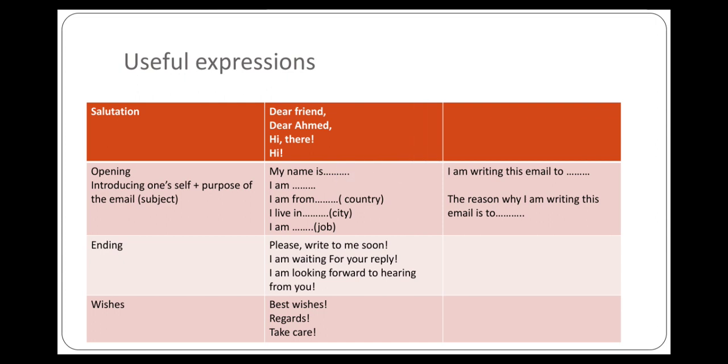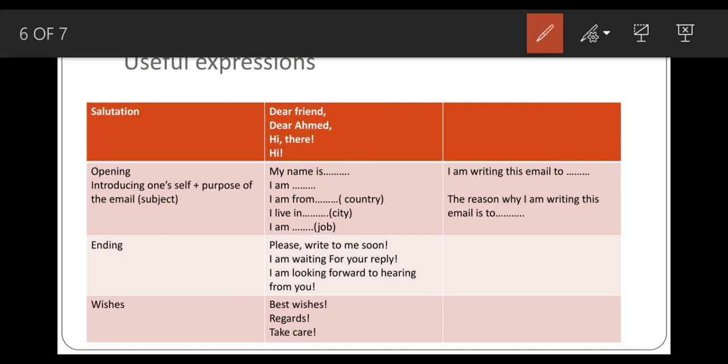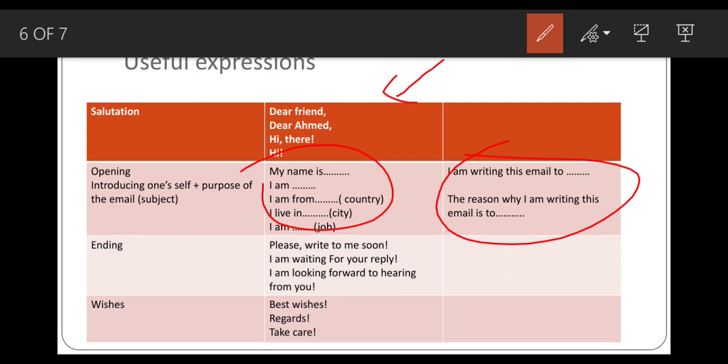Now, these are some useful expressions we can use either for writing the salutation, opening, ending, or wishes. As you can see here, to write the salutation, you can use dear friend, dear Ahmed, hi there, or hi. So these are expressions you can use to salute. We can also use these expressions here in the opening paragraph.